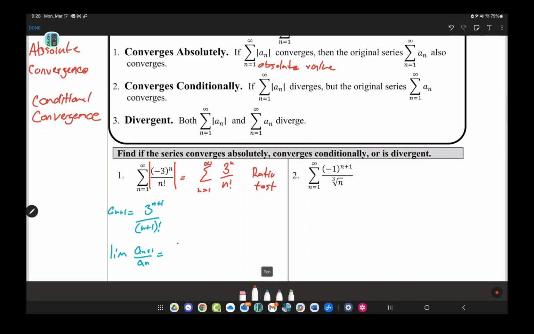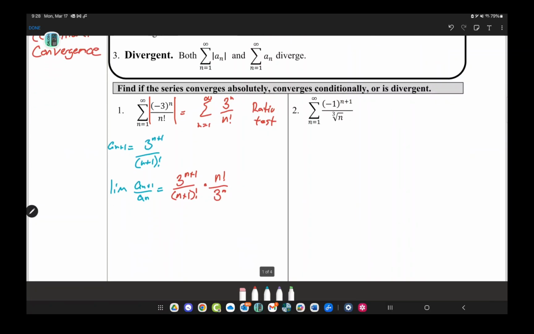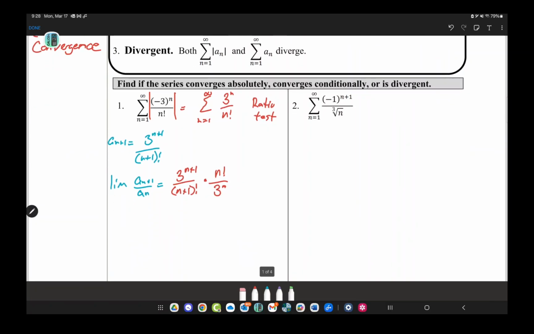So we get 3^(n+1) over (n+1) factorial times the reciprocal of our original function, n factorial over 3^n. Limit as n goes to infinity.